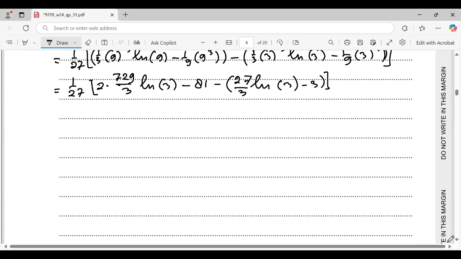Okay, scroll down. So we continue to calculate 1/27.